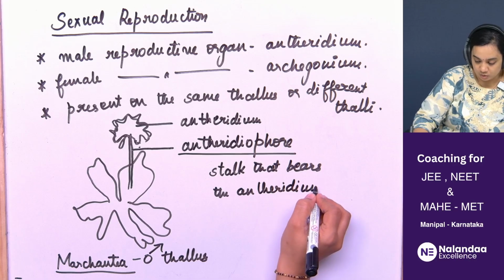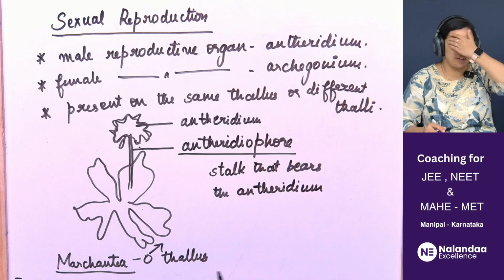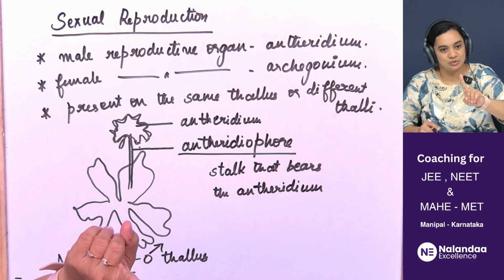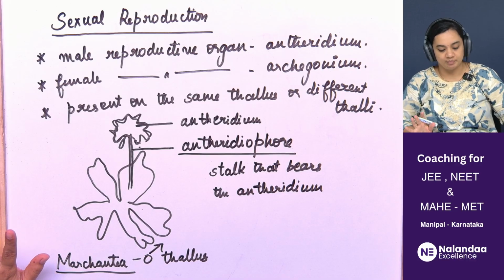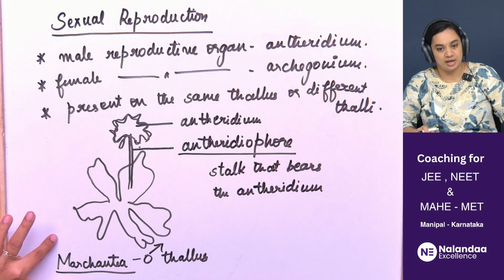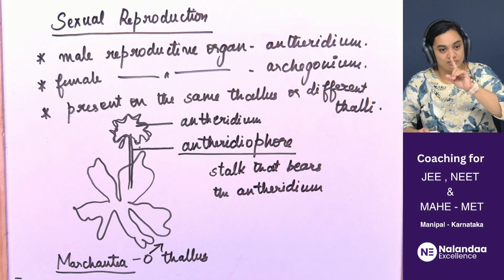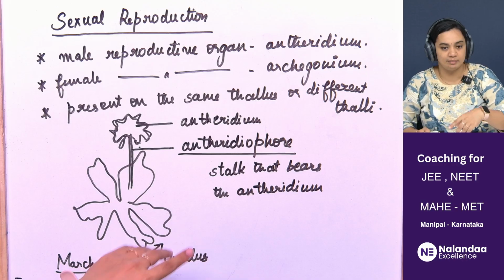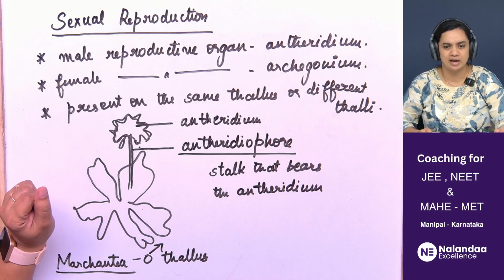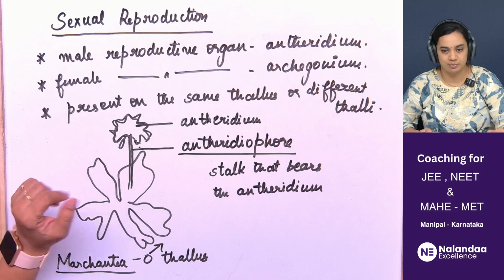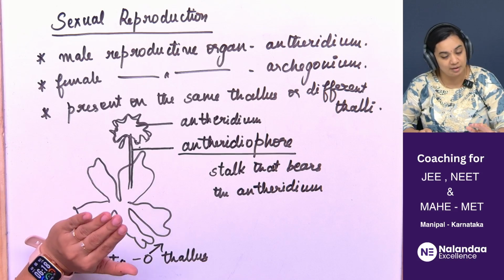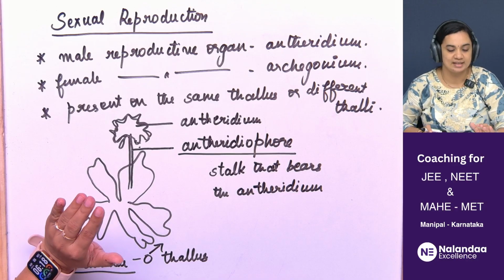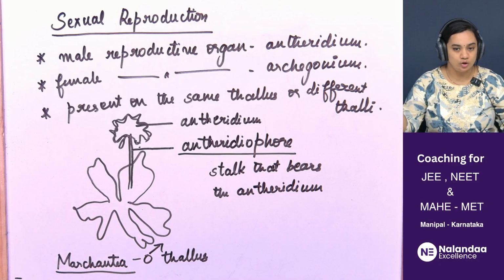Usually in case of Riccia, one single thallus will have both antheridium as well as archegonium. But sometimes in case of Marchantia, a thallus will have only either antheridium or archegonium. So it depends on the kind of organism. The different types of bryophytes can either have both antheridium and archegonium in one single thallus, or it can be present in two different thalli.